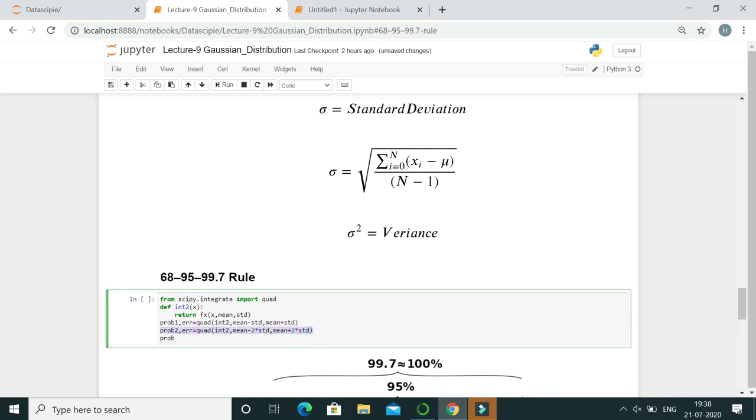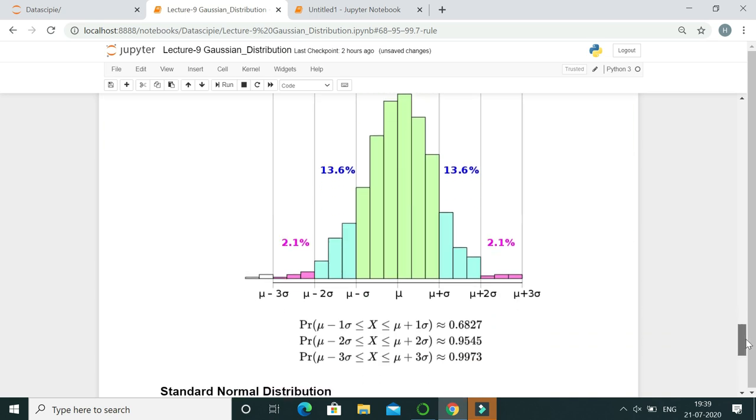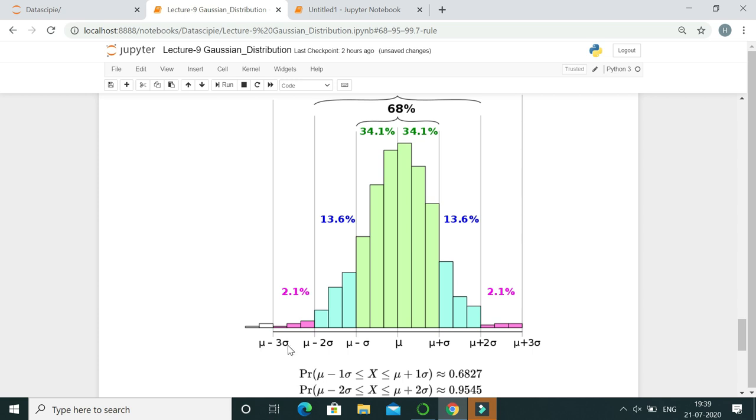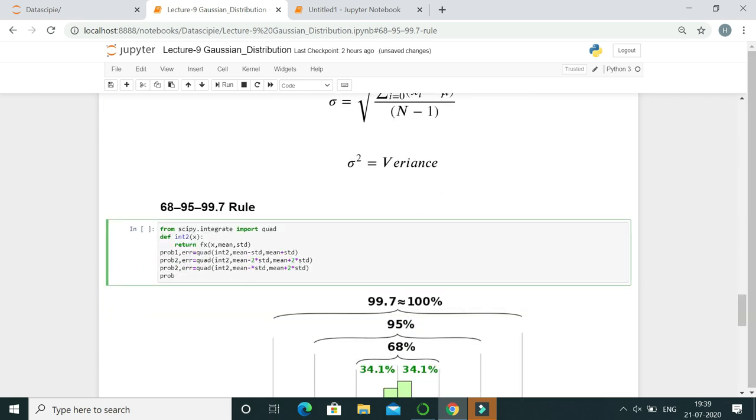And next bandwidth is 99.7. For that, mu minus 3 sigma to mu plus 3 sigma. Just replace 2 by 3, and specify it as probability 3.